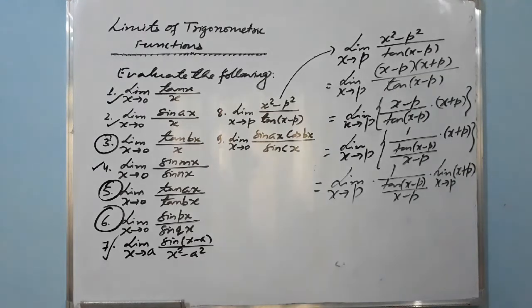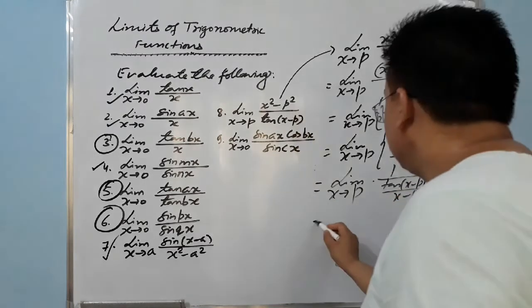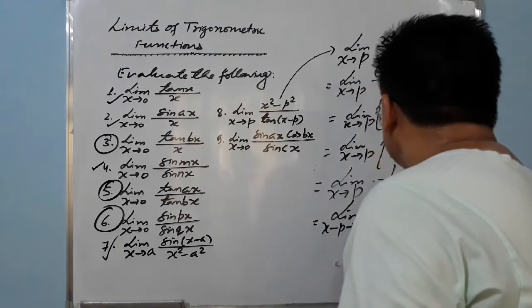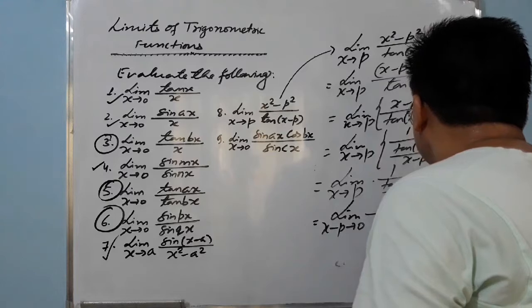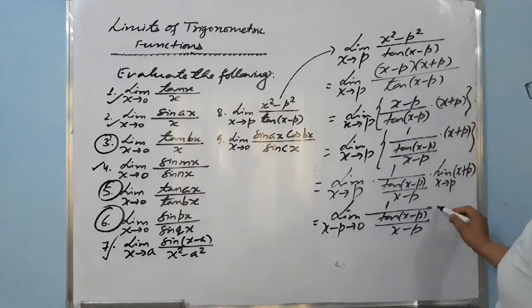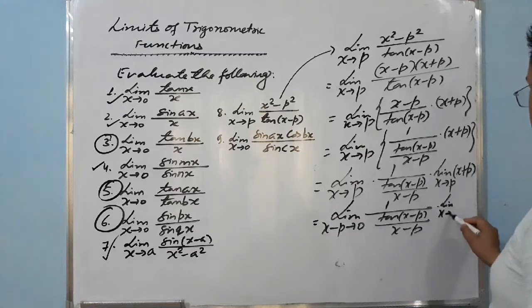So simple steps, you can go through each and every step, it's easy. Now here also we can write the limit as x minus p tends to 0 of 1 over tan of x minus p over x minus p, into limit x tends to p of x plus p.